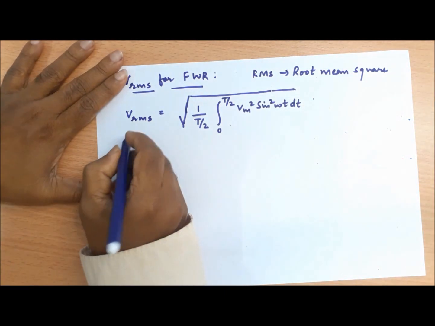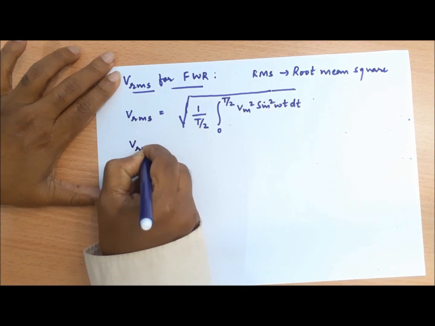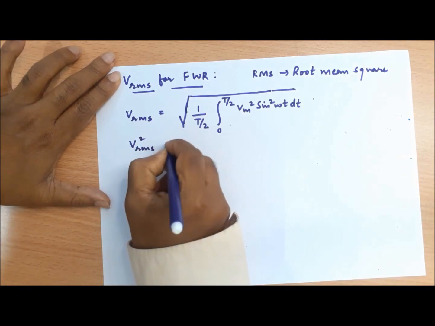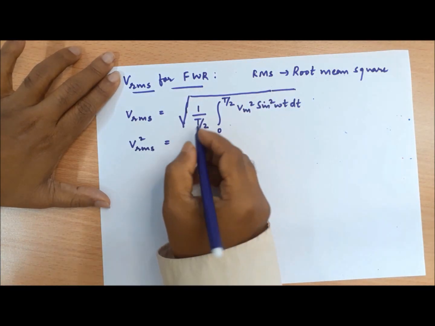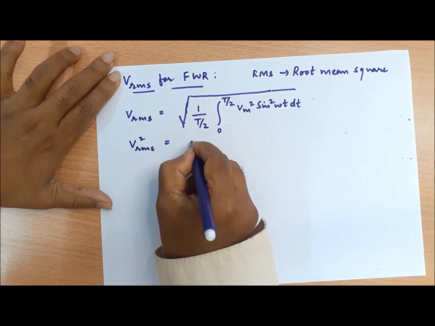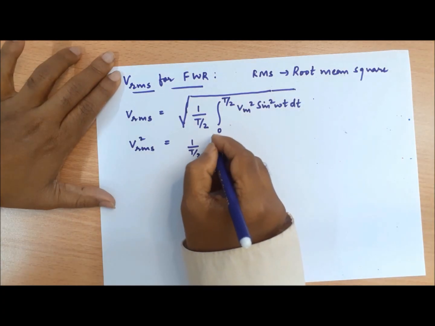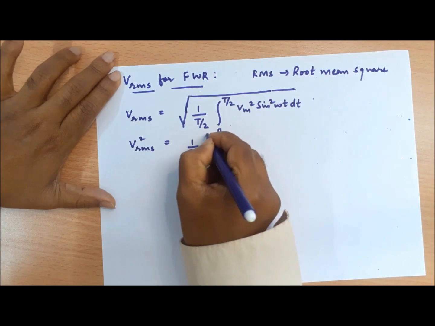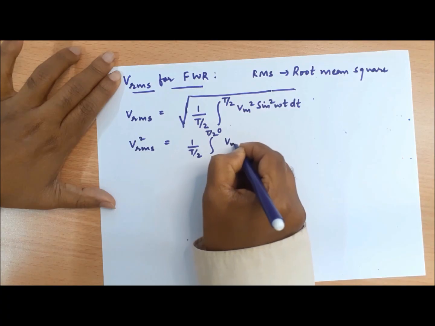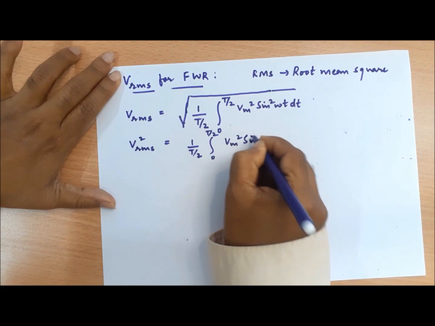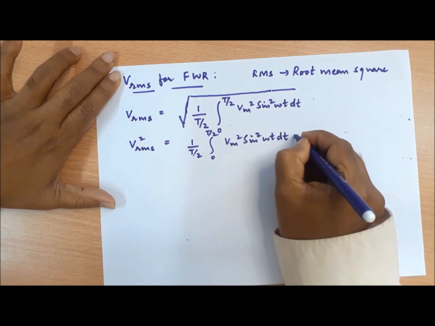Now to simplify, I'm considering VRMS square so that the square root can be eliminated, and later I'll take the square root of it. So it is 1 upon T by 2, integration of 0 to T by 2, Vm square sine square omega t dt.